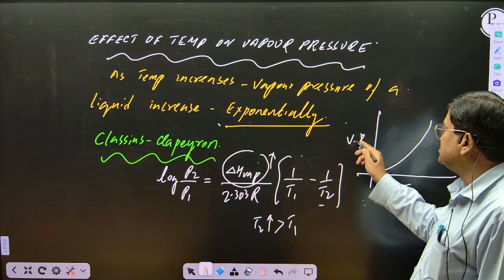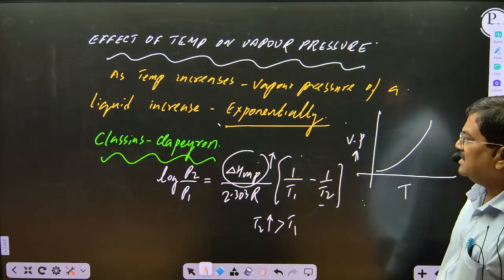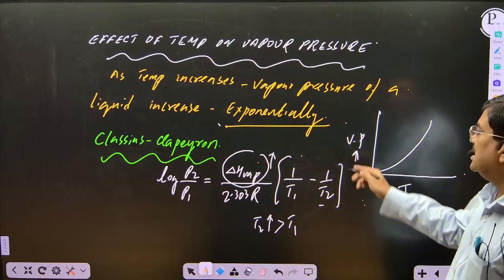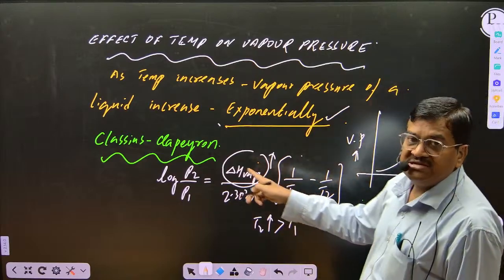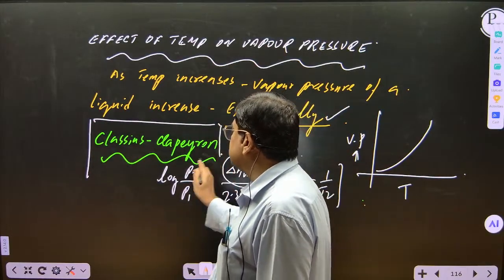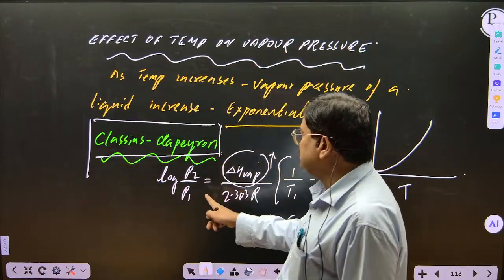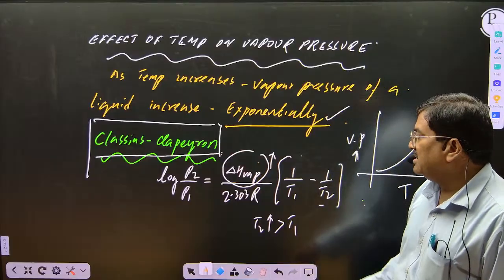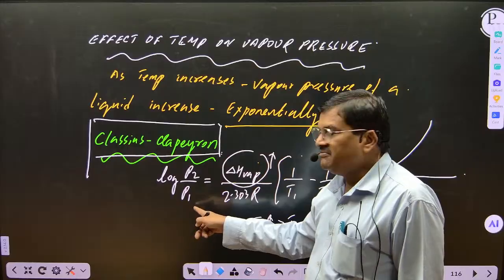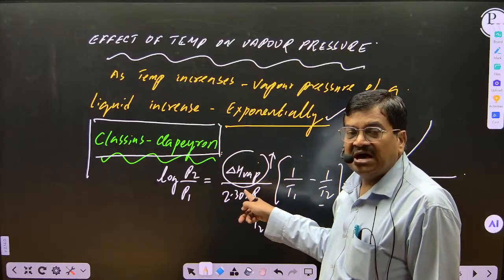So what happens to vapor pressure of liquid? Right, with increase in temperature, vapor pressure of a liquid increases exponentially, and that relation was given by the scientist. What is the name of the scientist? Clausius Clapeyron. And this is the relation log P2 by P1, where P2 is vapor pressure of liquid 2, P1 vapor pressure of liquid 1. What is delta H? Enthalpy of vaporization.